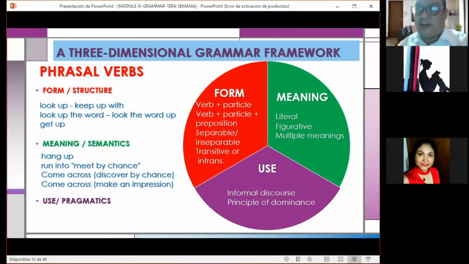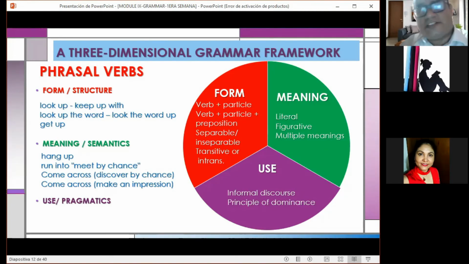It doesn't mean that you ran into your best friend literally. Here we don't have a literal meaning, because it's impossible. We cannot do that. All right. It means that you meet your best friend by chance. Run into. Notice, run into. This is the figurative meaning.